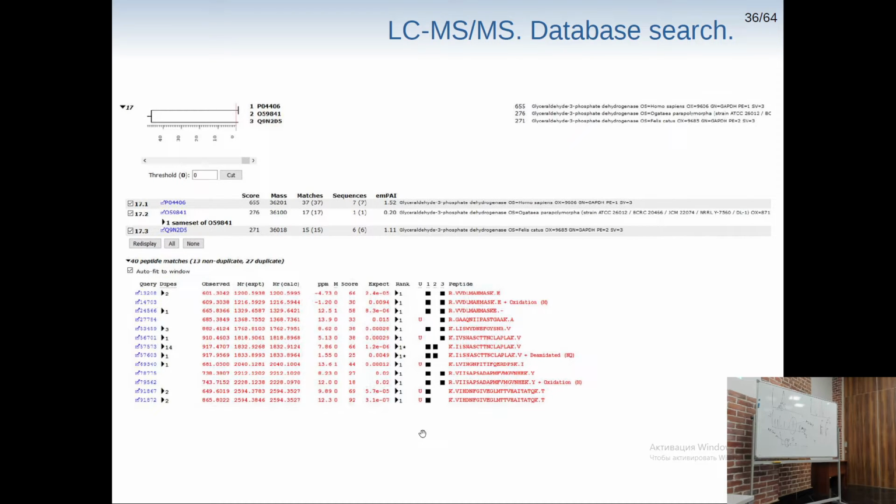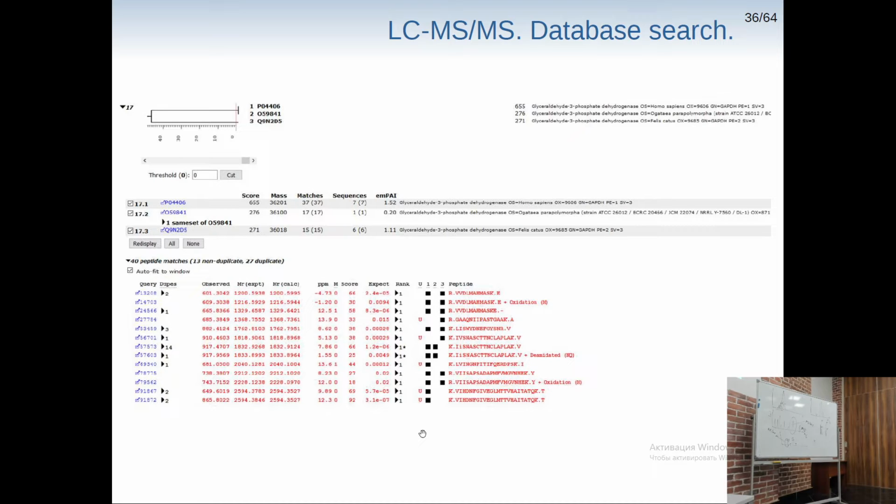Okay, actually nowadays we still use this data-dependent acquisition a lot, unfortunately, so let's start with the results with a database. For instance, we've got some data from some proteome.